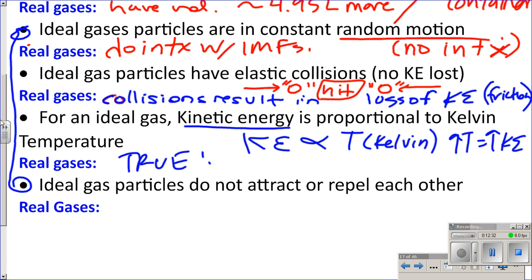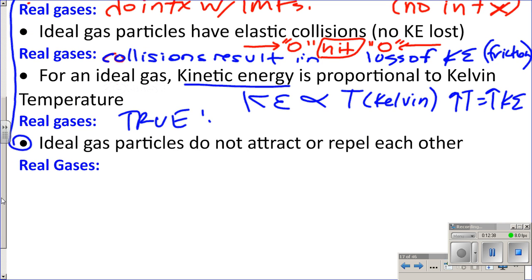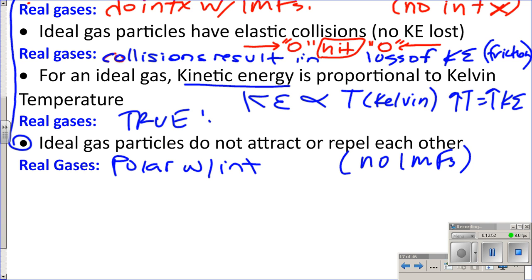And then lastly, this one's related back to this one. We kind of talked about this already, but we assume that ideal gases do not attract or repel each other, aka no IMFs are involved at all. But we know in the real world, not La La Land on paper, polar molecules will interact, and so forth.